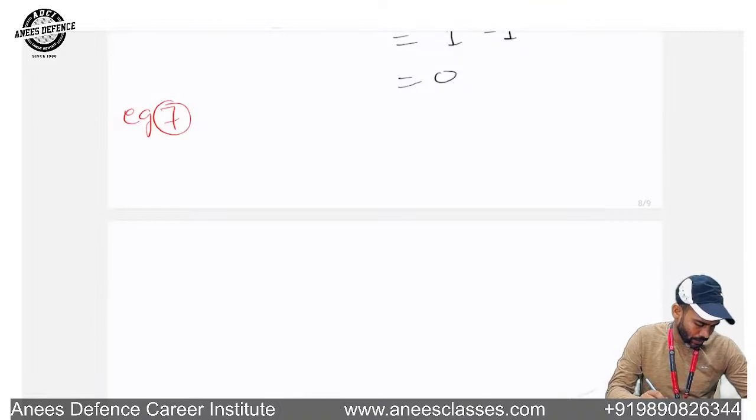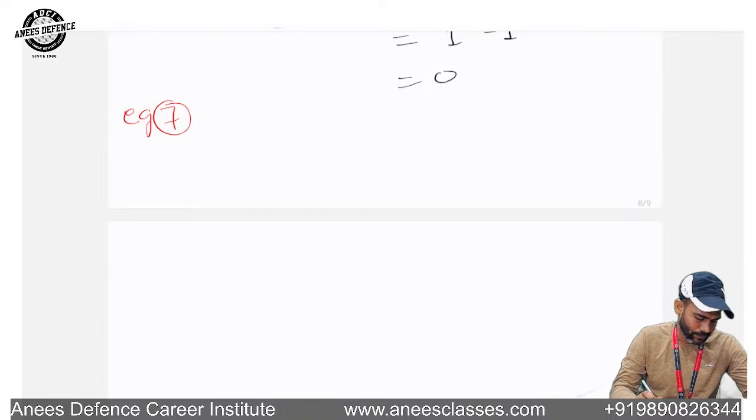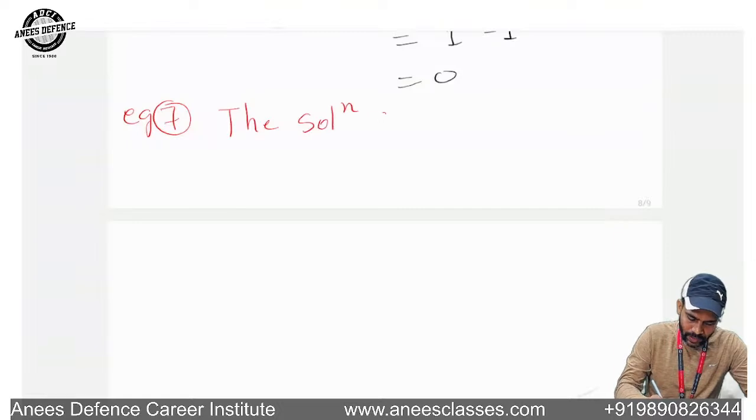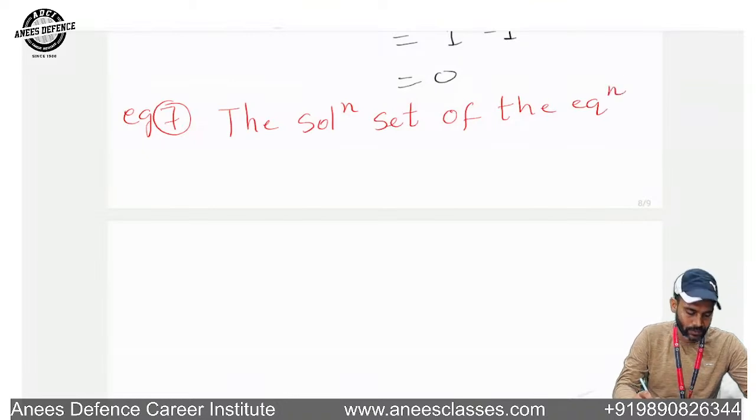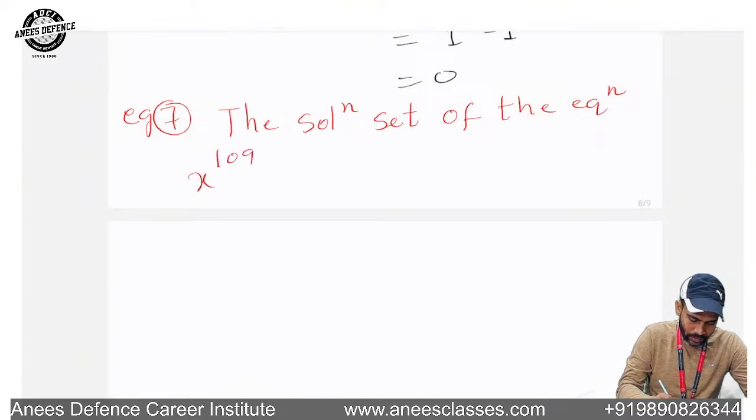Suppose we have to find out the solution set of the equation x to the power log base x of (1 minus x) whole square is equal to 9.